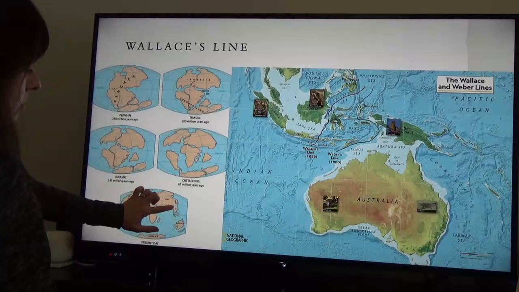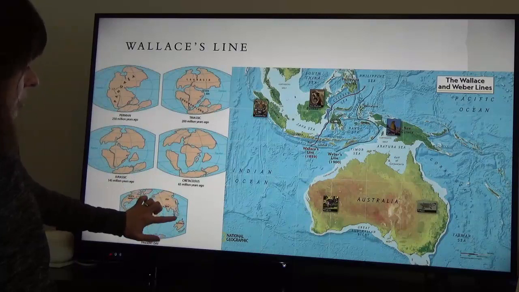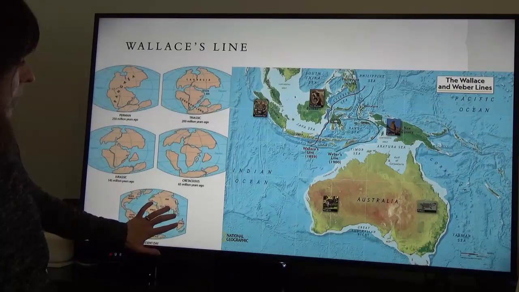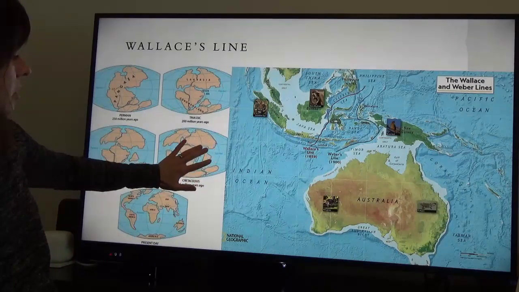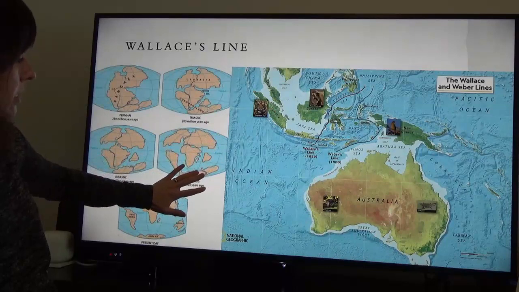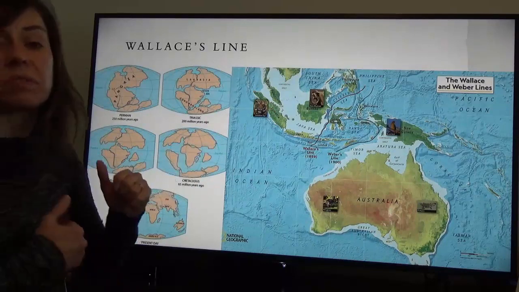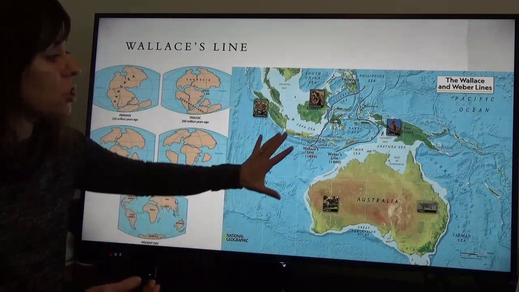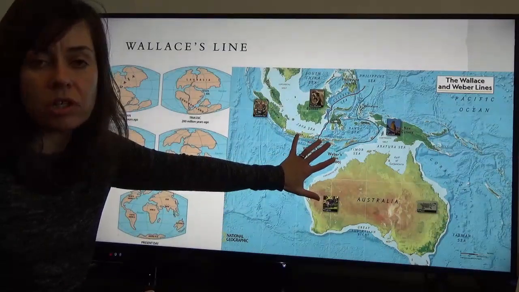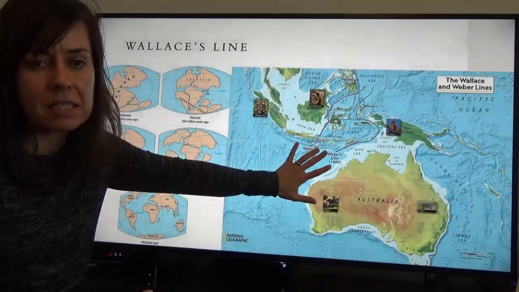And so here we have Southeast Asia and Australia pretty close to one another now, but at that point in time that was not the case, and so they were very separate from one another for very, very long periods of time, which led to different evolutionary trajectories for these different land masses.